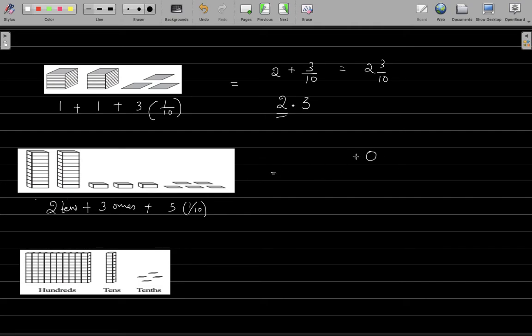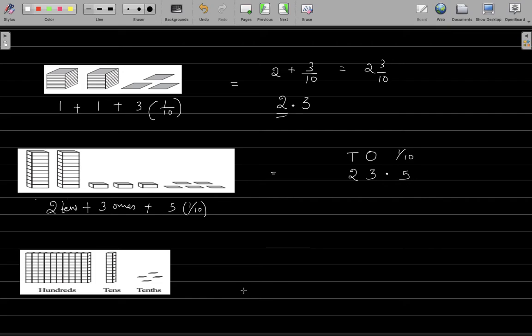I have ones place, I have tens place, and I have 1/10th place, which is preceded by a decimal. So in ones place I have three ones, in tens place I have two tens, and in 1/10th place I have 5 1/10ths. So this is a representation of the number 23.5.